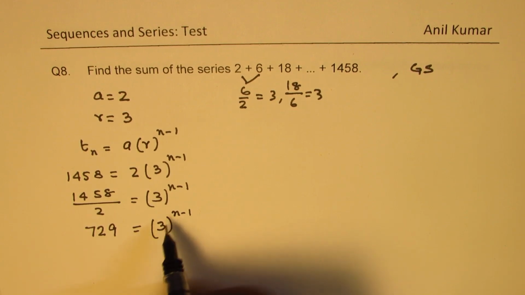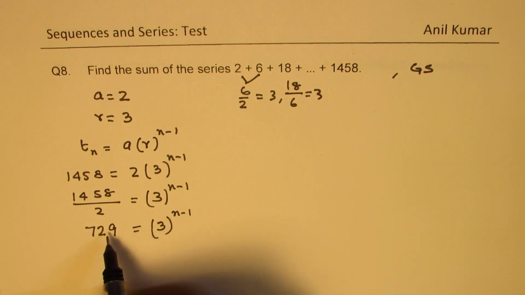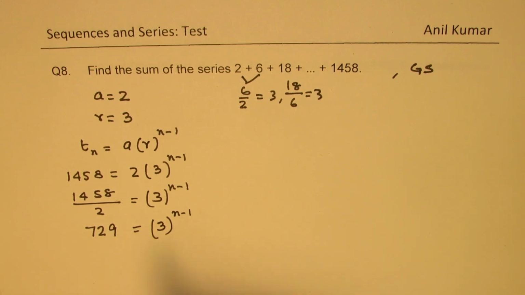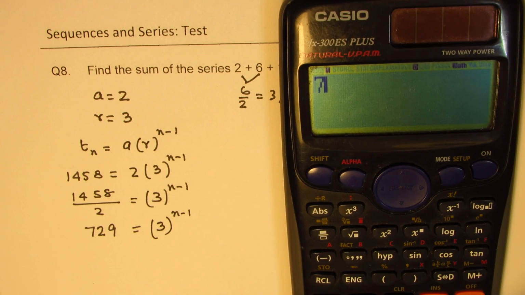We know 3 to the power of 4 is 81, and if I multiply 81 by 9, it means 4 plus 2, right? So we could write 729 as, we can check this out, right? So 729 is equal to what?